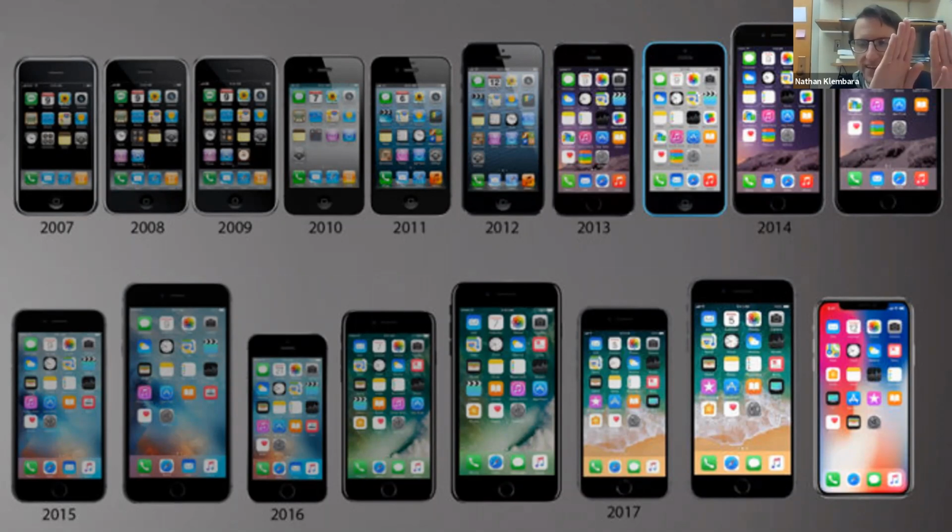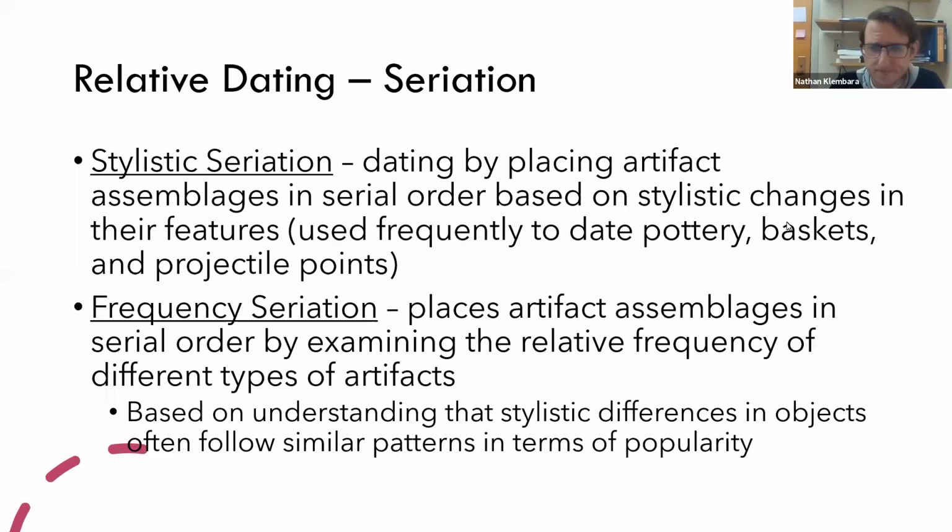And then we notice this next difference added onto that. Okay, that's probably the next youngest, and the next youngest, and the next youngest. And so you can put these things in order based off of this very simple idea that small changes in style are going to accrue over time, and that the things that resemble one another probably date closely to one another, right? So at the end of the day, this is what seriation is.